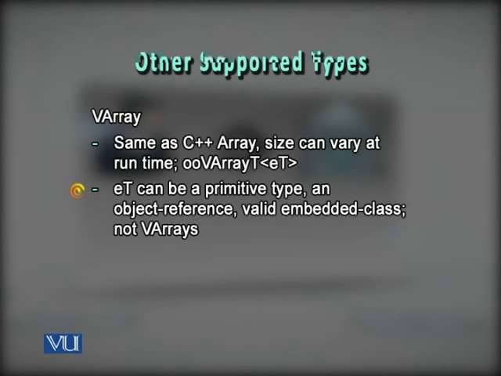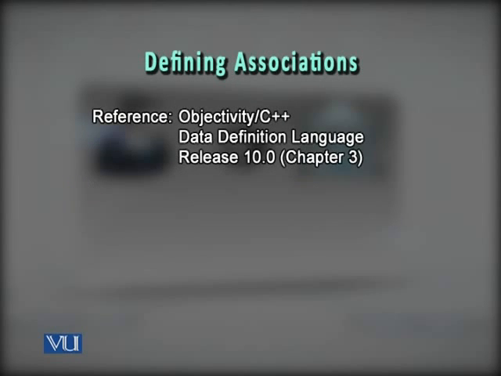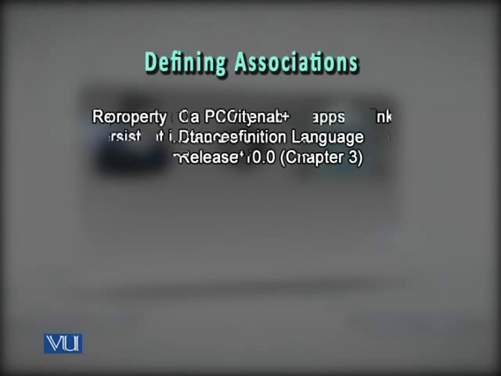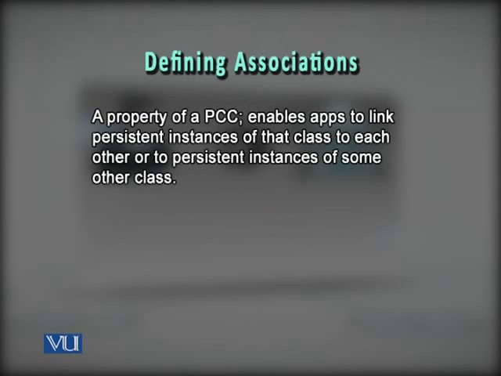Now our next topic is defining associations, and this topic has been covered in chapter 3 of the same book that we have been using for this part of our course. What is an association? An association is basically a property of a persistence capable class. It enables applications to link persistent instances of one class type to the instances of the other persistent class.